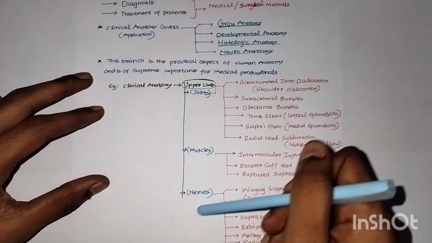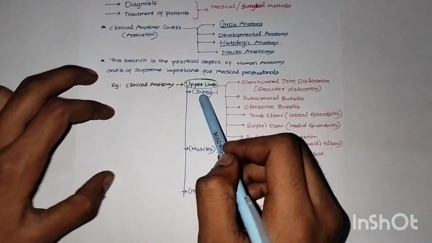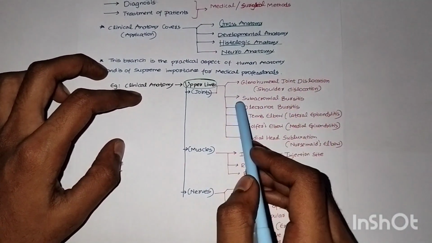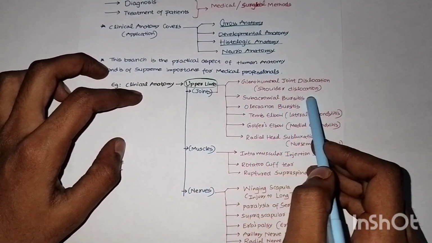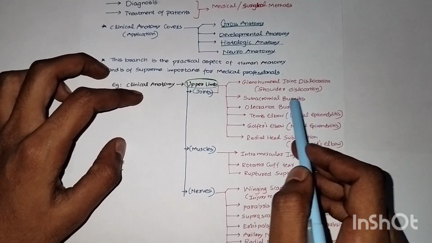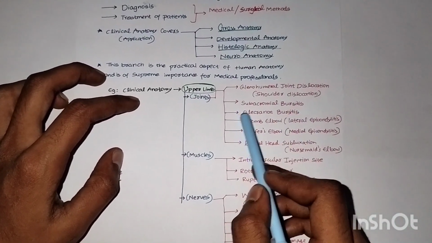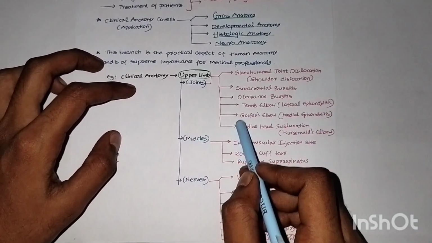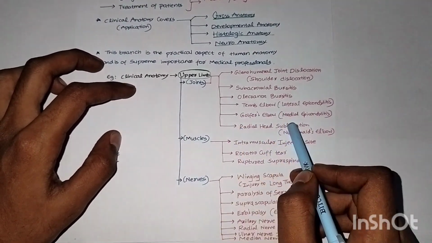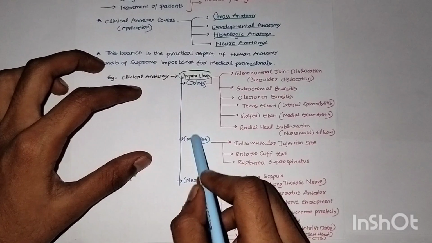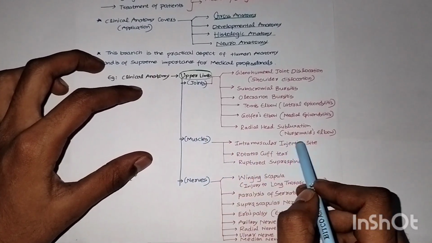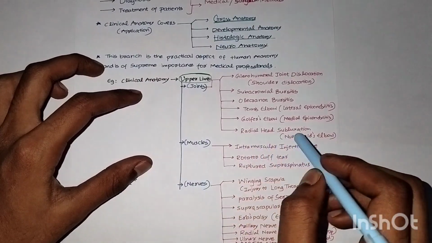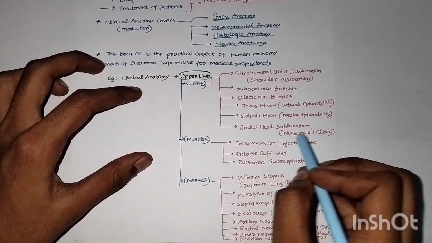Wherever the clinical application is there, those aspects will be discussed in textbooks, like glenohumeral dislocations, shoulder dislocations, subacromial bursitis, inflammation of bursa, like olecranon bursitis, tennis elbow, lateral epicondylitis, golfer's elbow, radial subluxation. If it comes to muscles, it's the intramuscular injection site, right? Clinically you will mark a point and you will give the injection, right?